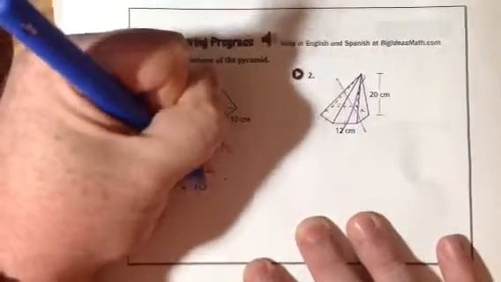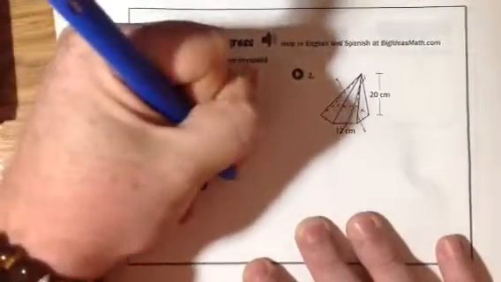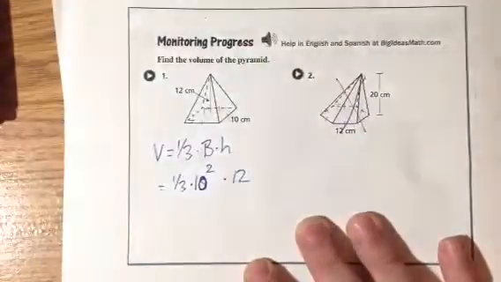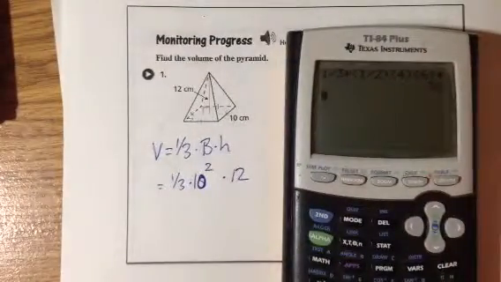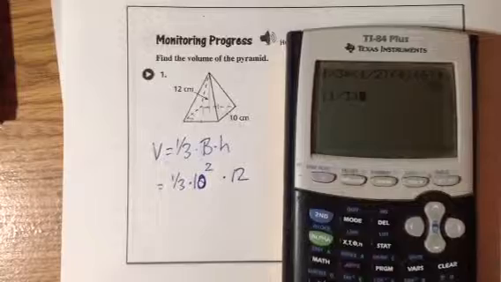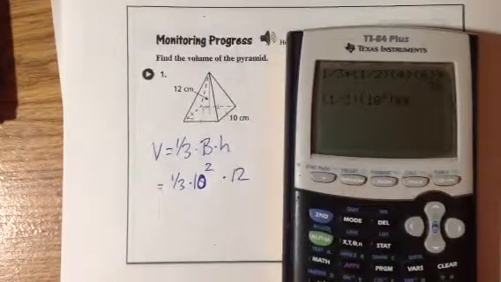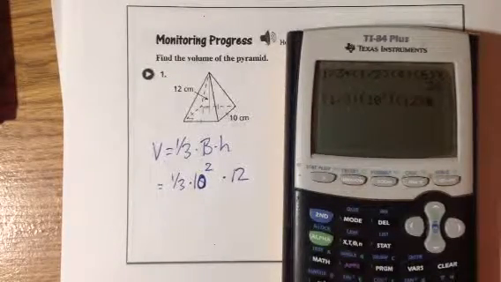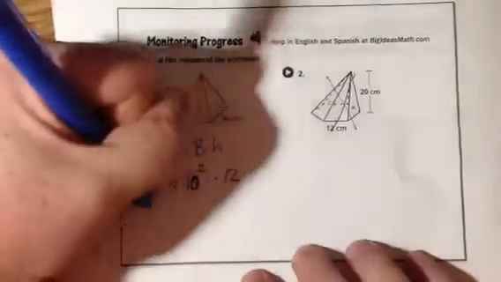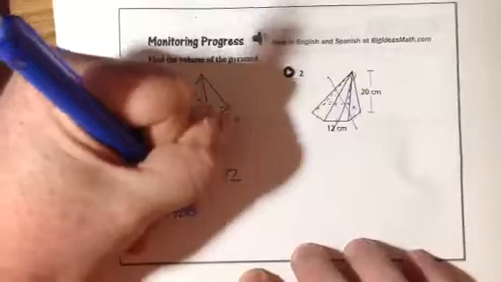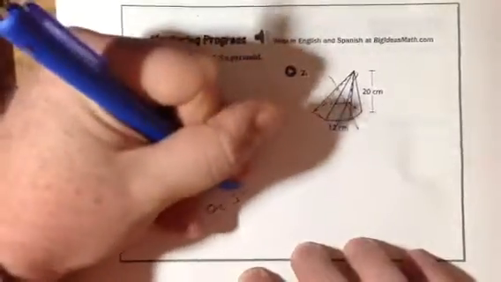Let's put 10 right here since the side is 10, times 12. So 1 over 3 times 10 squared times 12 is 400. So the volume is 400 cubic centimeters.